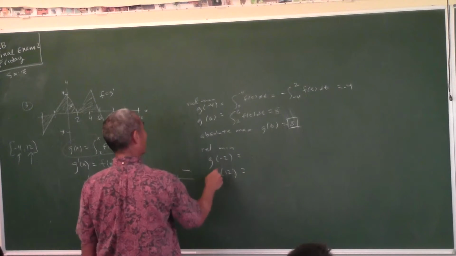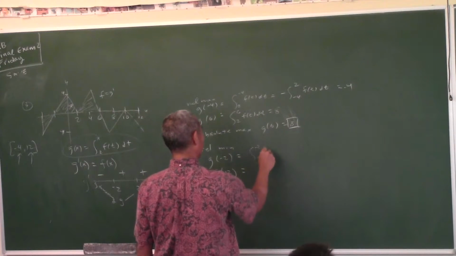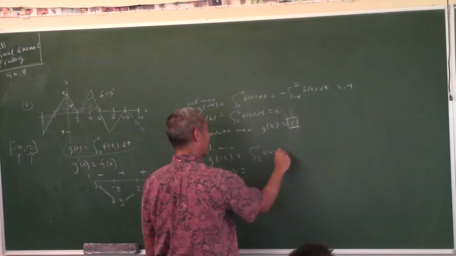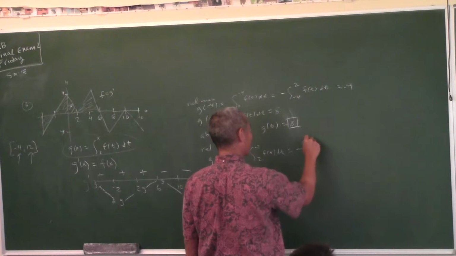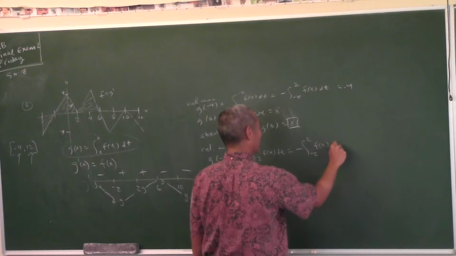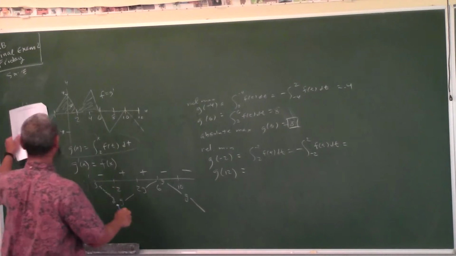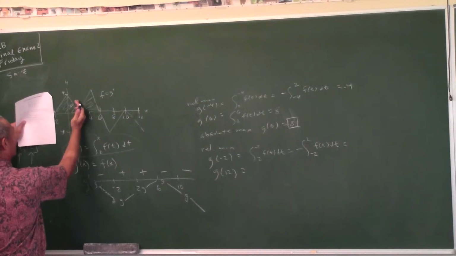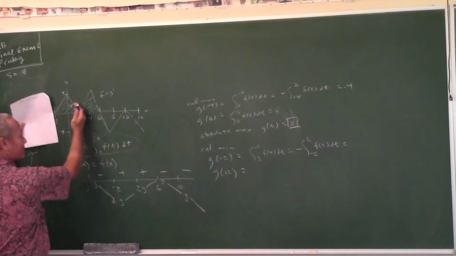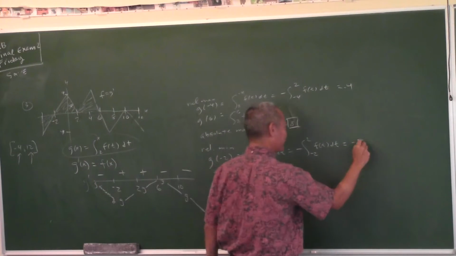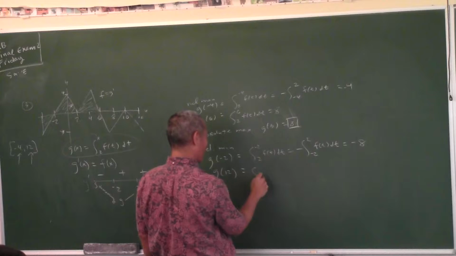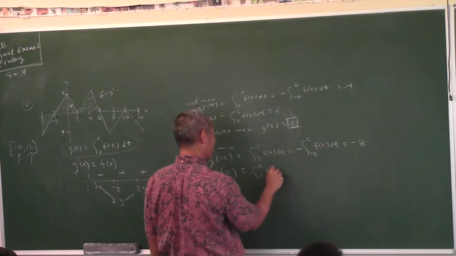Now, what happens when you plug in -2? You get the integral from 2 to -2 of f of t dt, but the limits are the wrong way, so you negate the integral from -2 to 2 of f of t dt, and that comes out to 8, but -8. Okay, g of 12, the integral from 2 to 12 of f of t dt.